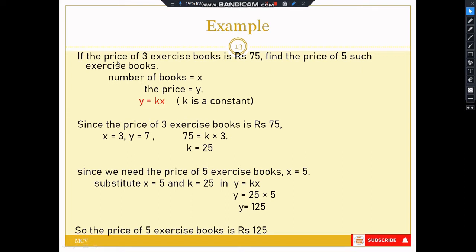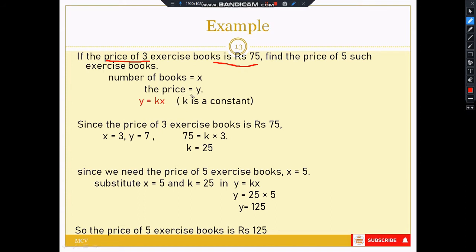See this problem. If the price of 3 exercise books is 75 rupees, find the price of 5 such exercise books. So, number of books let's take as x.